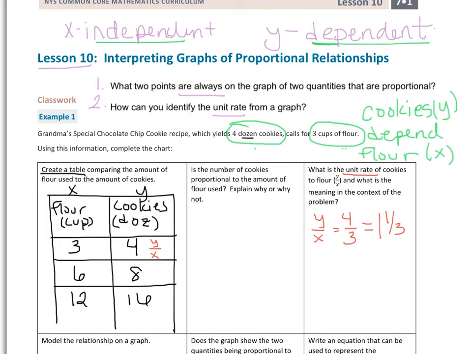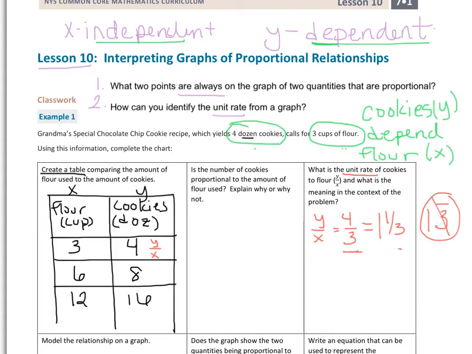I prefer not a decimal in this situation because that would be a repeating decimal. So let's try to avoid repeating decimals if we can. Okay, so I'm probably going to stick with the 4/3 for my unit rate.